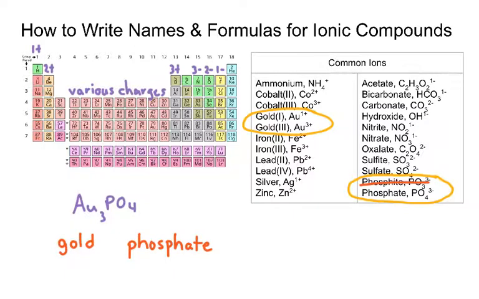Is this gold 1 or is this gold 3? Since the phosphate has a 3- charge, we can figure out that the gold has a 1+ charge since we have 3 of them. 3 +1 golds will cancel out with 1 -3 phosphate. And that makes a neutral compound.